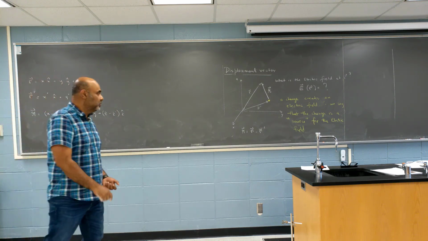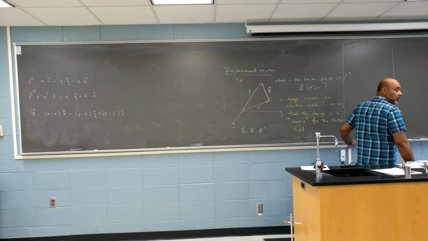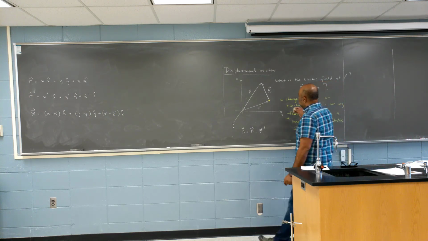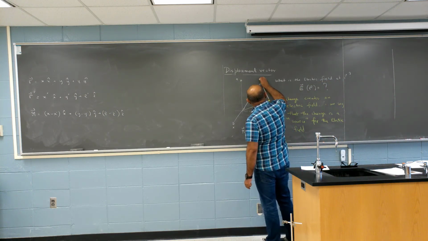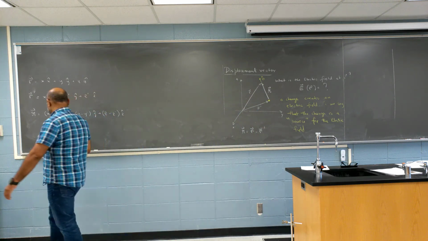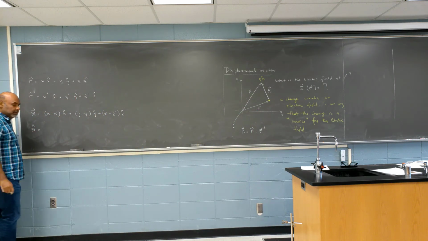And while I have 2 minutes to complete it, we will not only need the displacement vector, but also a unit vector in the displacement direction. But once again, what do we do? We take this vector, divide by its magnitude, and put a hat over it. So I promise to do problems next time around.